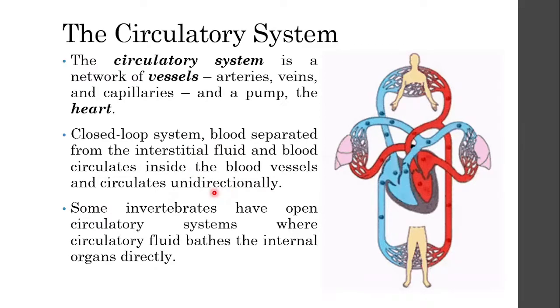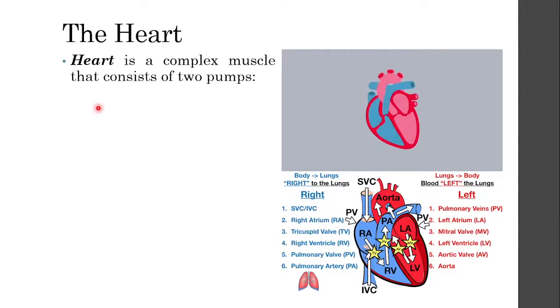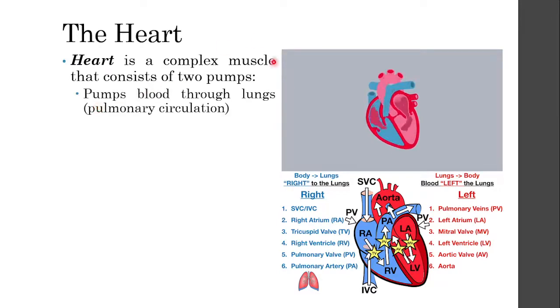So first, let's discuss the first of the two major parts of our circulatory system. Let's begin with the heart. The heart is a very complex organ composed of cardiac muscle, and it consists of two pumps, two functions. First, it pumps blood through the lungs, which is what we call the pulmonary circulation.